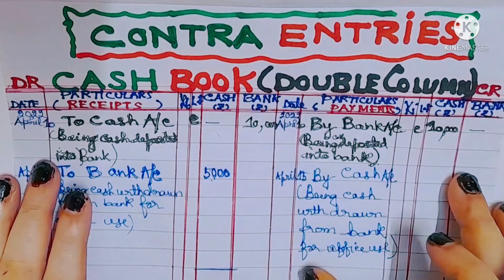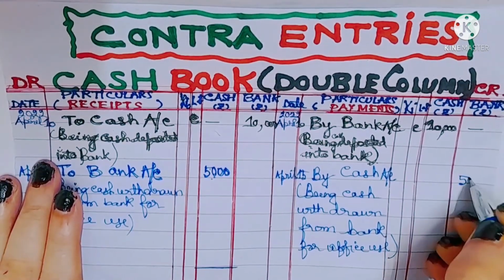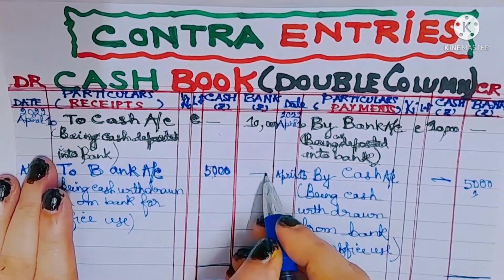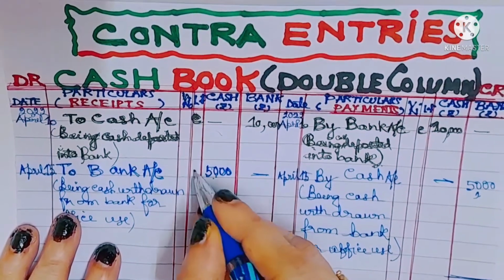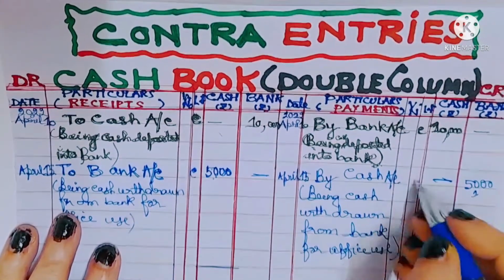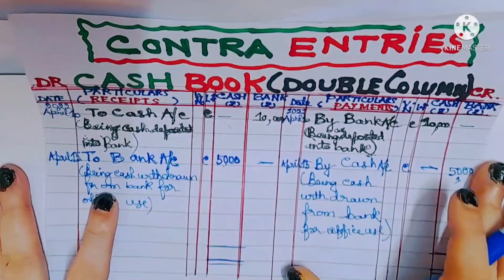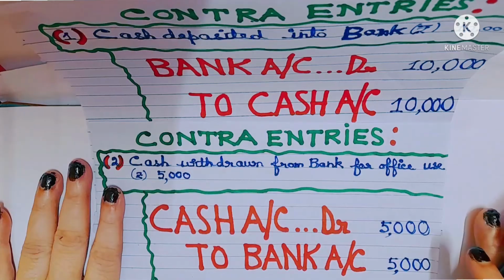Which column? Since we are looking at the position of bank account, we will have to write it in the bank column. Now we'll have to write C also on the debit side and on the credit side. C means contra.